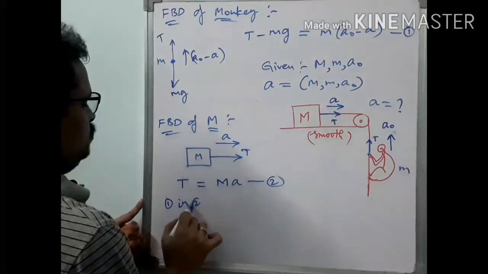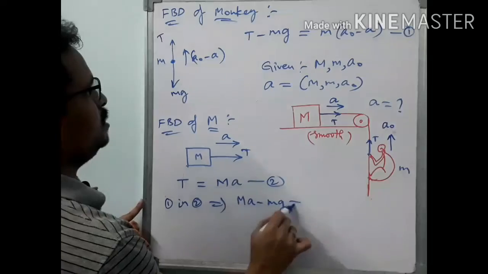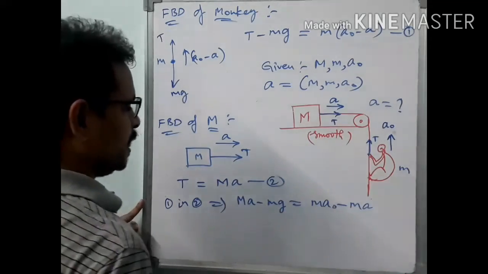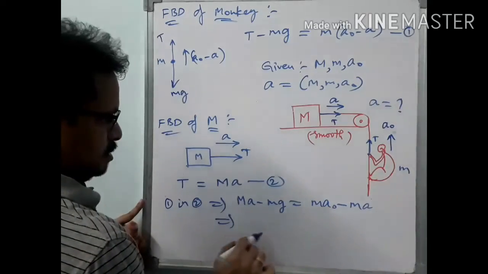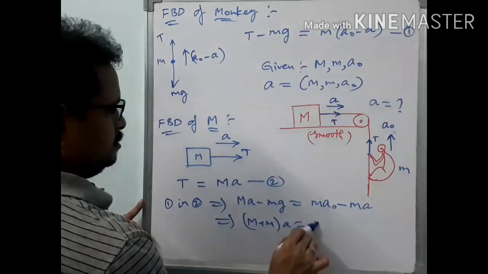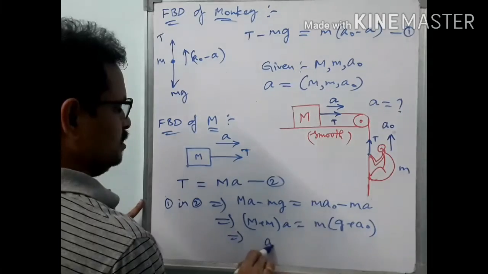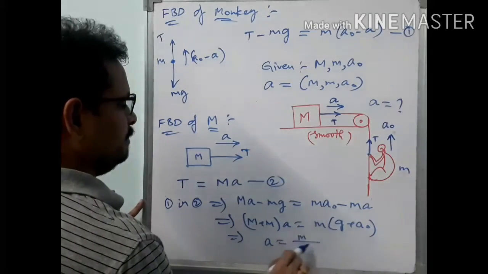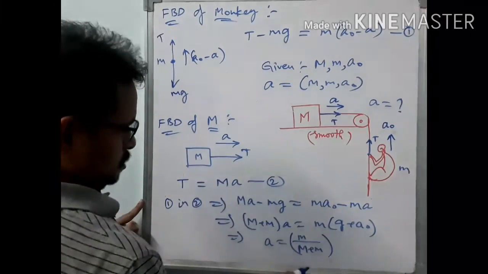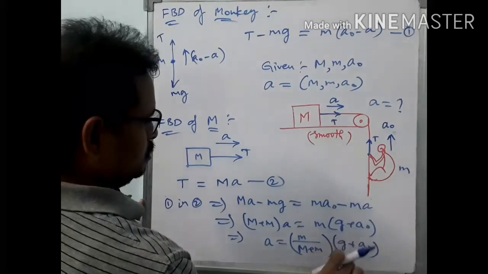So equation 1 in 2 implies MA minus mg equal to m A naught minus mA. Taking A terms to one side, (M plus m) into A equal to m into (g plus A naught). That implies A equal to small m by (capital M plus small m) into (g plus A naught).